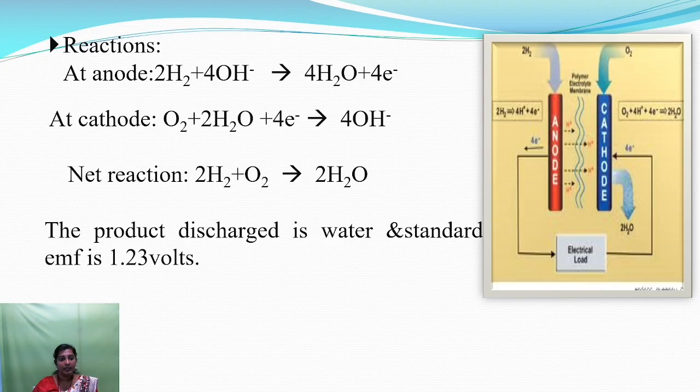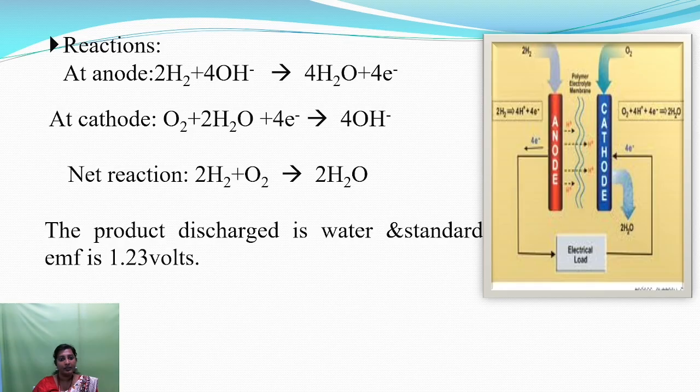Then see the reactions. At the anode, hydrogen combines with hydroxide ions to give 4 molecules of water plus liberation of electrons. Then the cathode reaction, oxygen accepts electrons to give 4 hydroxide ions. The net cell reaction is hydrogen plus oxygen gives water.